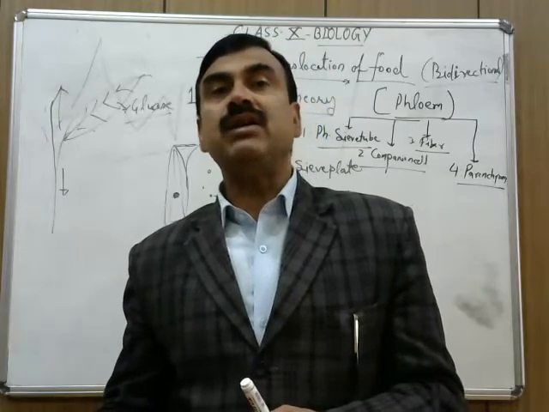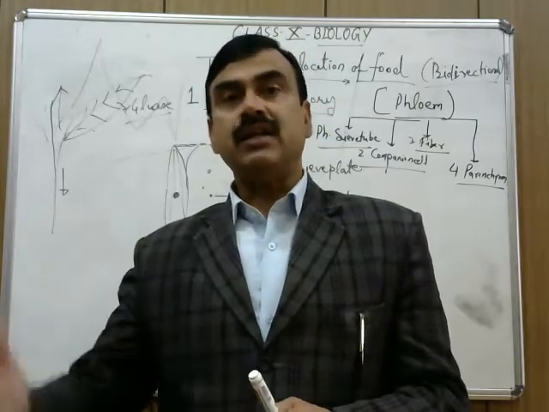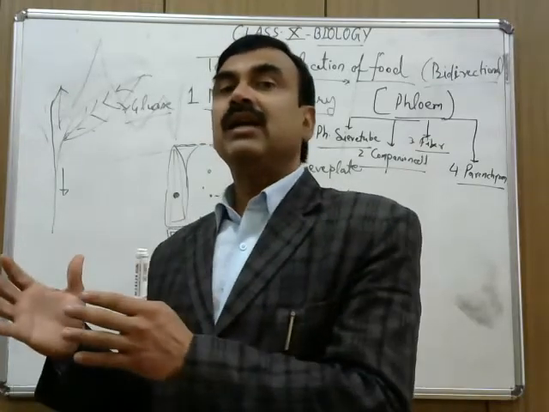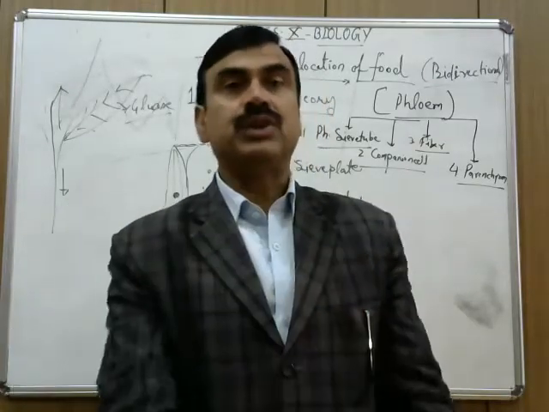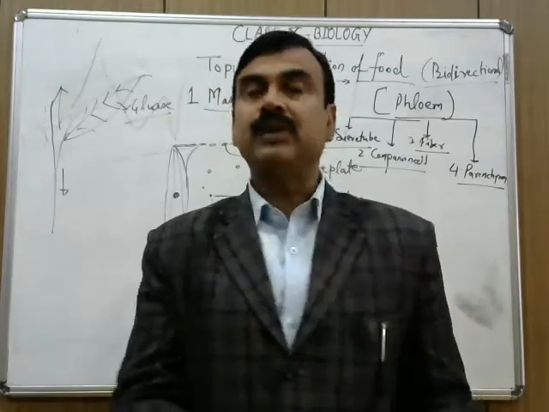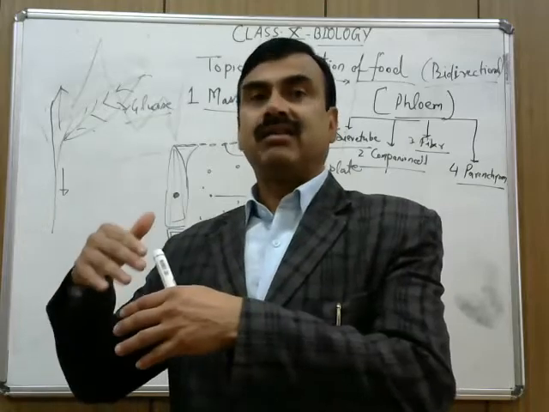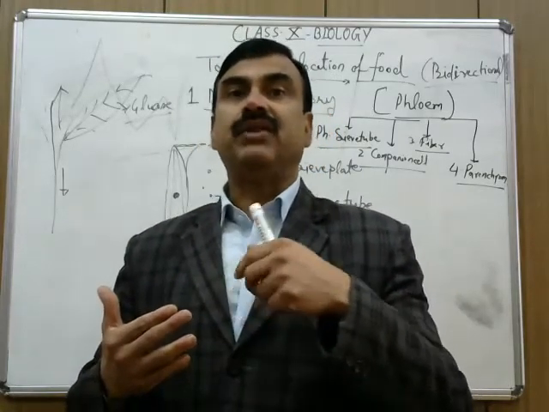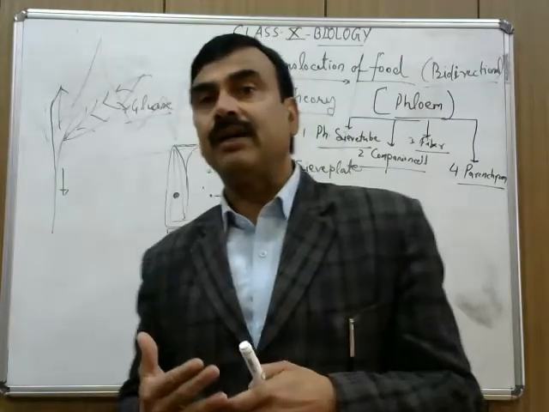There is no need of energy for the translocation of food. Automatically it will be diffused from its higher region to its lower region. There would not be extra requirement of energy in the form of ATP.